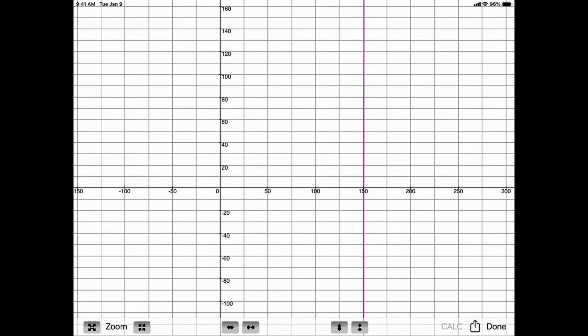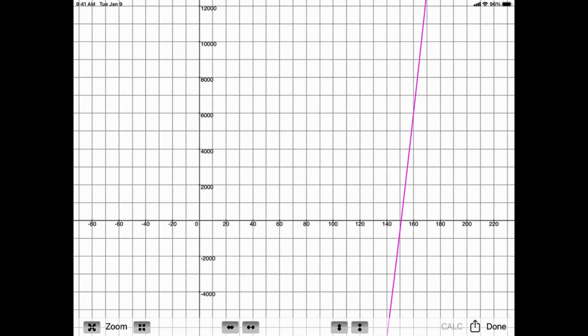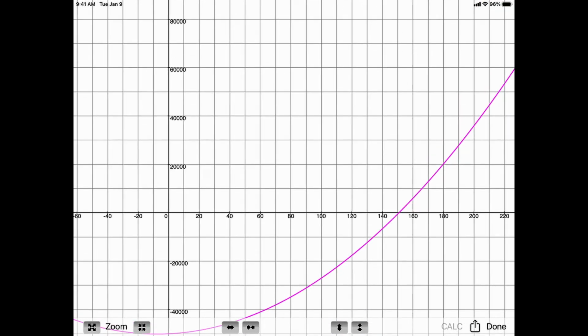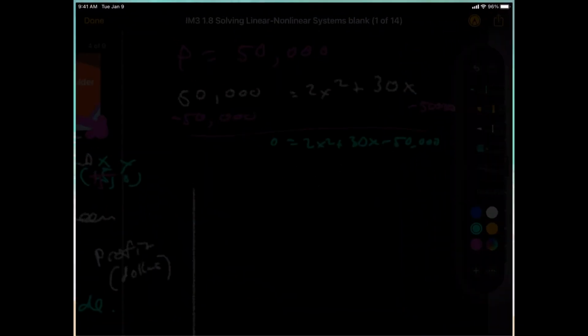Keep pinching to find, so I have 150.79 and negative 165.79. Let's write that down as our solutions.